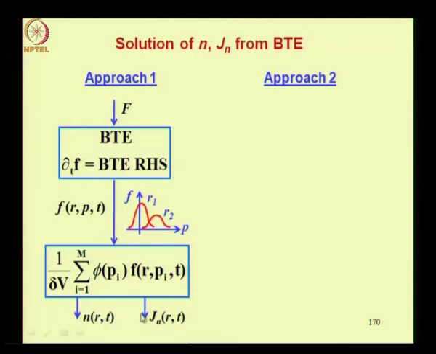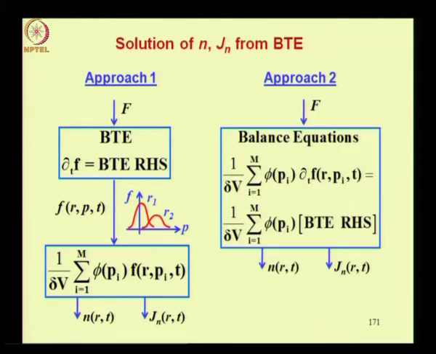Now that being the case, can we not perform this operation of multiplication of the distribution function by the function phi and then summing up over the states on the Boltzmann transport equation itself. So rather than getting f and then performing this operation, why not we shift this operation into the equation itself. So that is the approach that we introduced in the previous lecture.